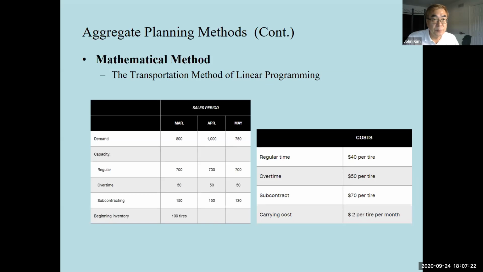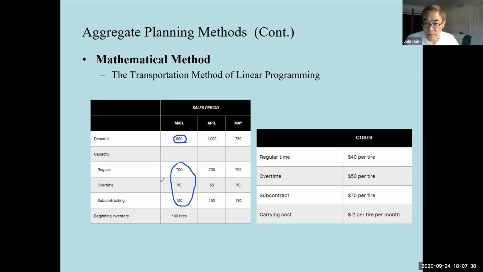So demand in March is 800, but available capacity in March is 900 in total. 1,000 in April, here same 900 available. 750 needed here, 880 available.